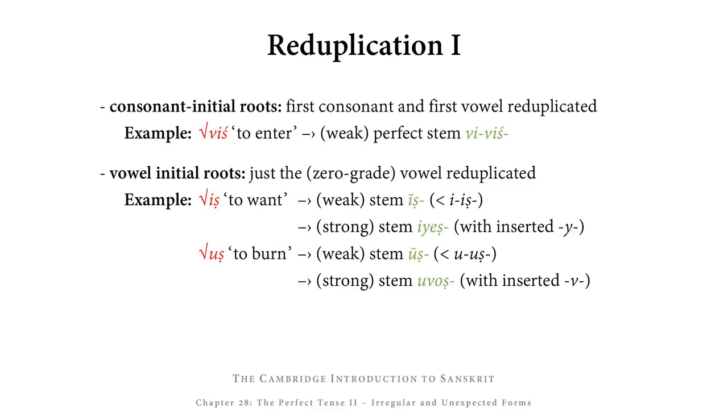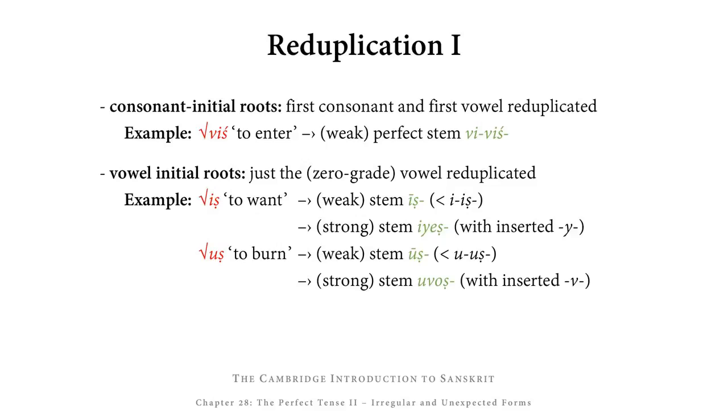When it comes to the strong stems, however, what we find is the reduplicative syllable, so i and u respectively, and then we find the verbal root in guna, which would be esh and osh, respectively. But in both of these forms, as you can see here, we don't just have the reduplicative syllable and the root, but in between reduplicative syllable and root, we have inserted, in the first case, a y, which is the semi-vowel counterpart of i.